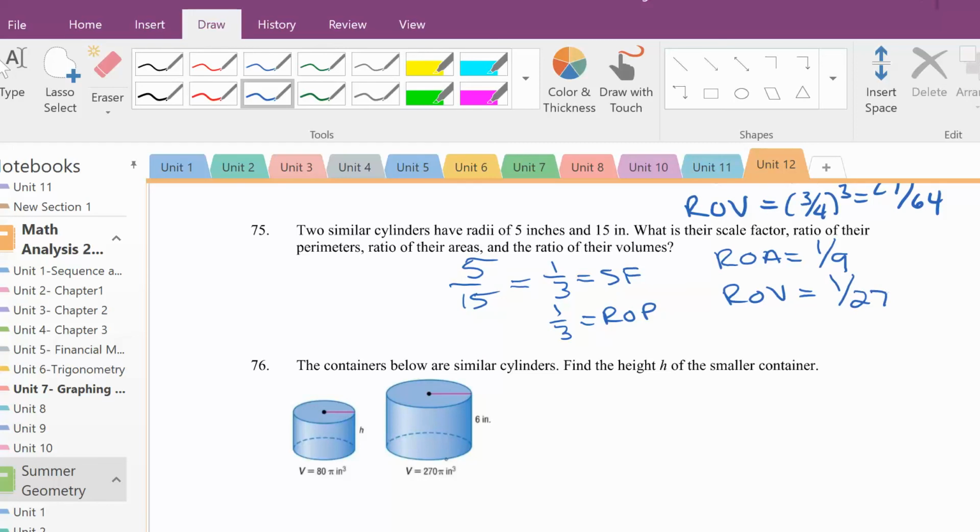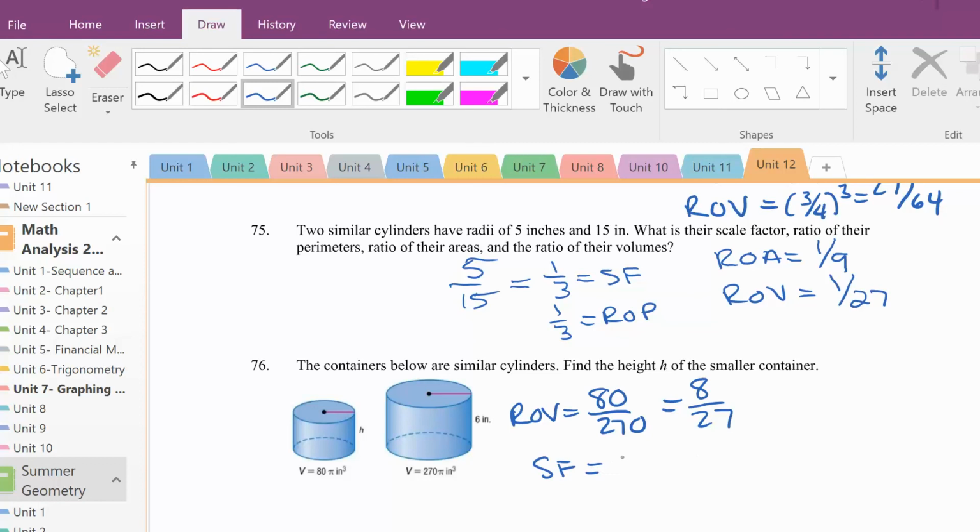They're similar cylinders. So find the height of the smaller container. Well, the ratio of the volumes is 80 over 270, which reduces to 8 over 27. And then remember, the ratio of the volumes is the scale factor cubed.